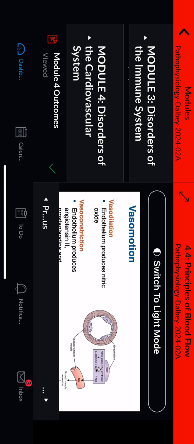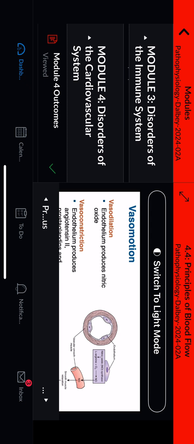That nitric oxide then diffuses to the smooth muscle cells. When it gets to the smooth muscle cells, it causes those muscle cells to relax, and then it causes vasodilation.